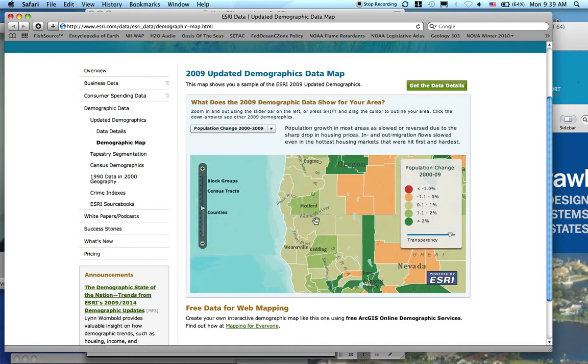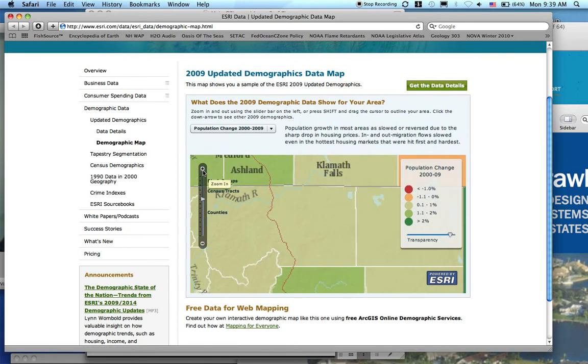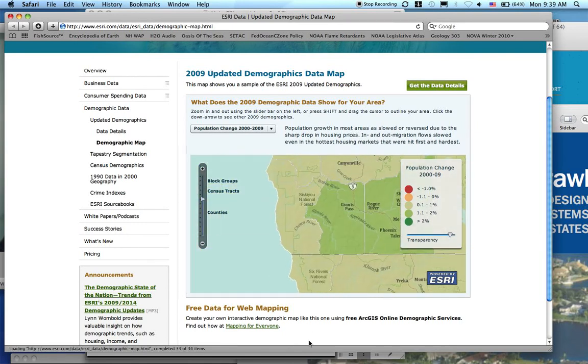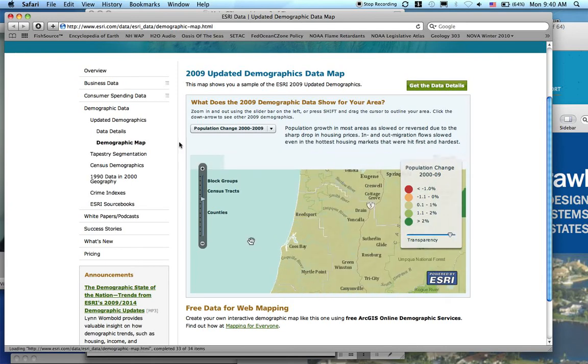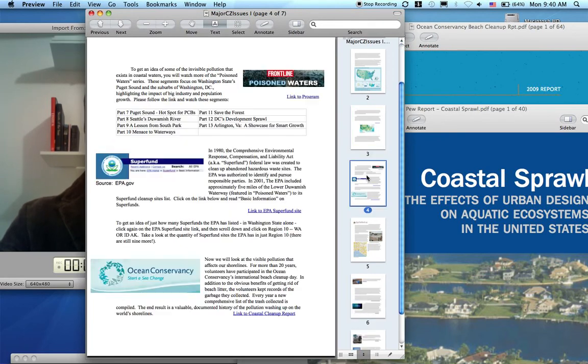So this is what I'm going to ask you to do on your own, and of course go in further to get a real bird's eye view of what's going on in some of these areas. This is very insightful. Again, a great tool for your planning as coastal policymakers or managers.